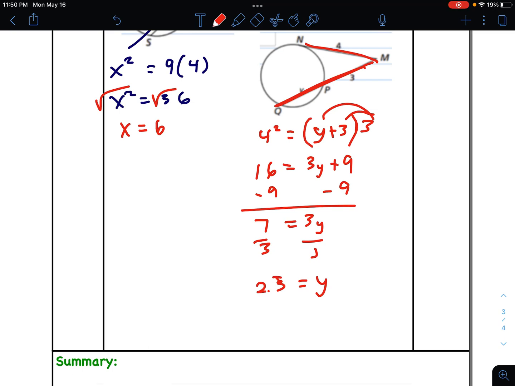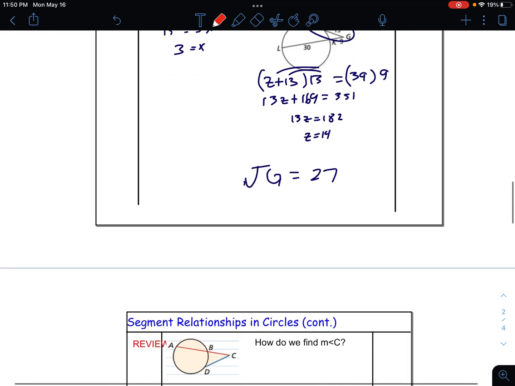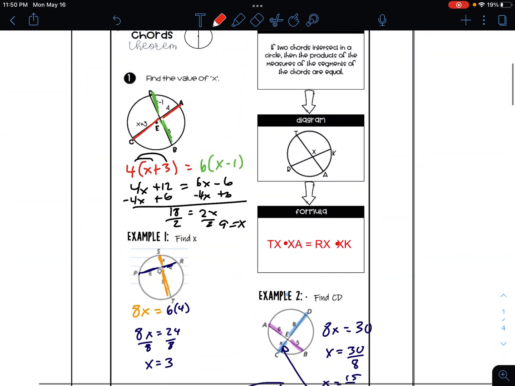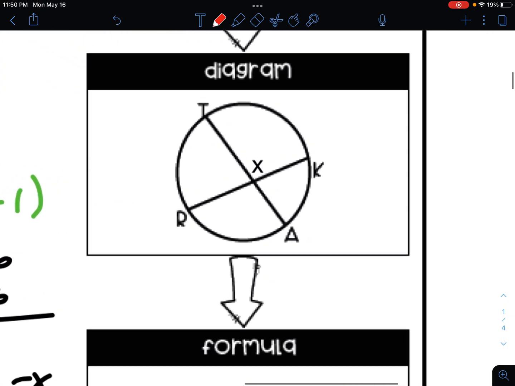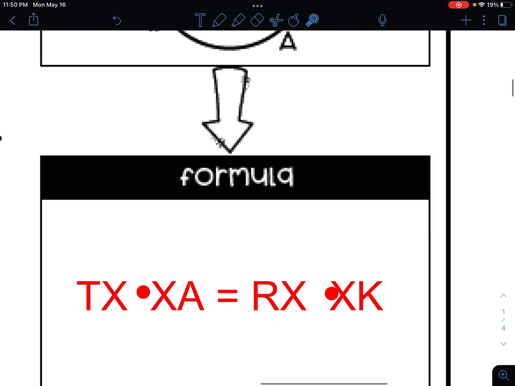All right. So again, just recapping, we have 3 different scenarios. One, what's the relationship if the circle has 2 different chords crossing? We would do the parts of each chord multiplied together is equal to the parts of the other one. All right.